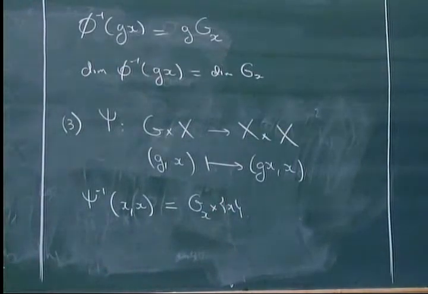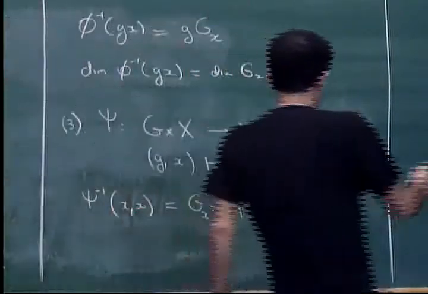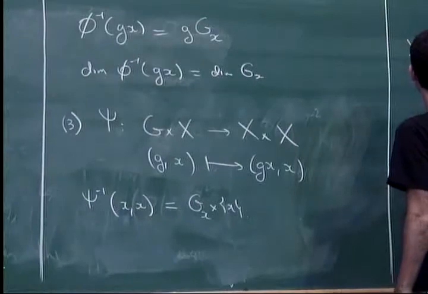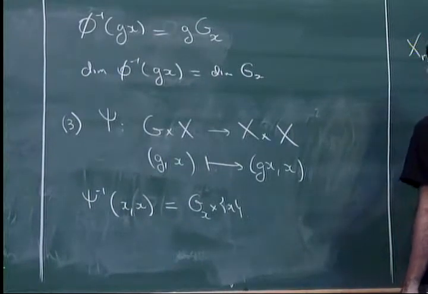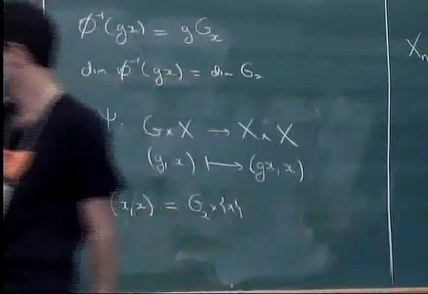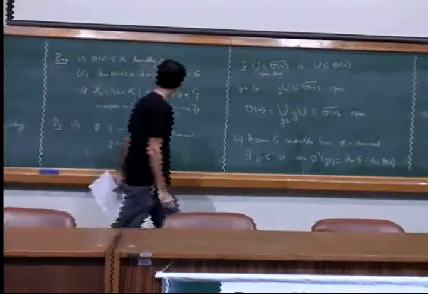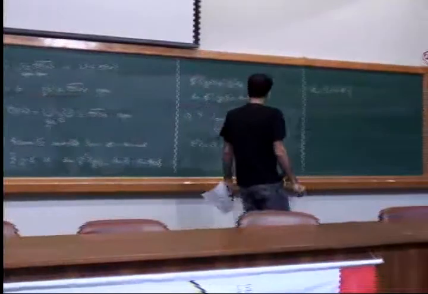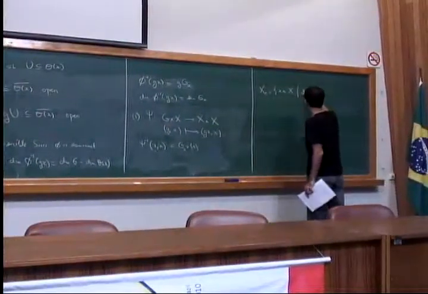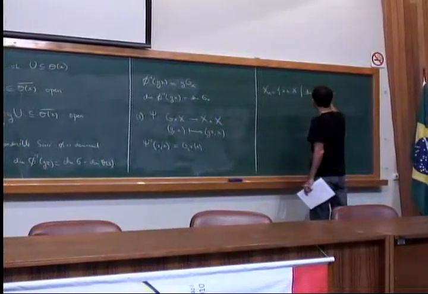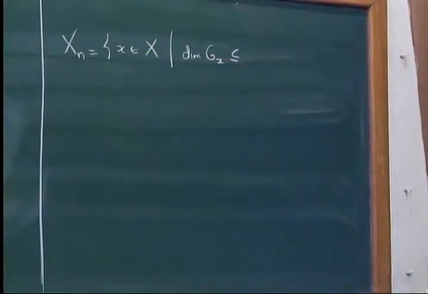Now, if you look at X_n, since we have this equality here, it becomes also the set where the dimension of G_x is less than or equal to, well, I have to plug in here, dimension of G minus n.